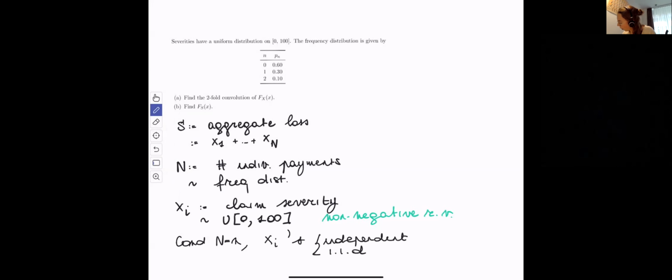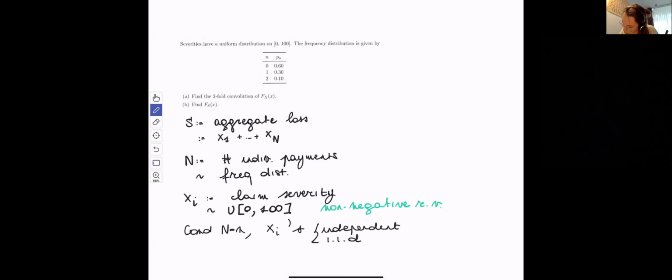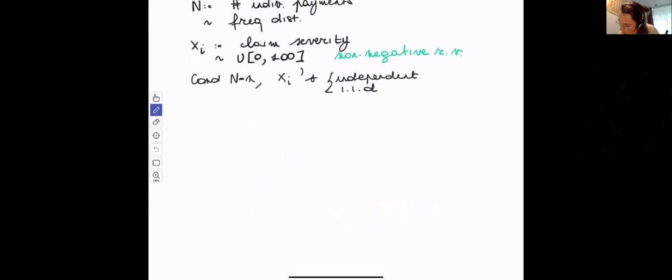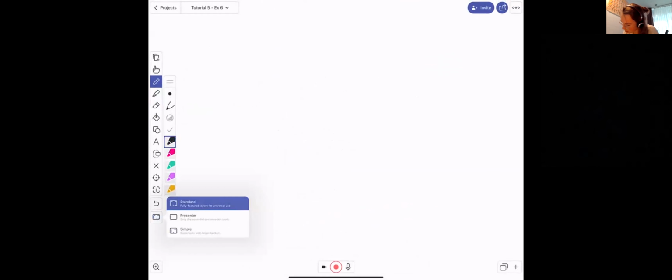So for the first part, I'm going to put another slide that's maybe easier, like this. For the first part, we are asked to calculate our twofold convolution of the cumulative distribution function of X. I think you saw this in class already.